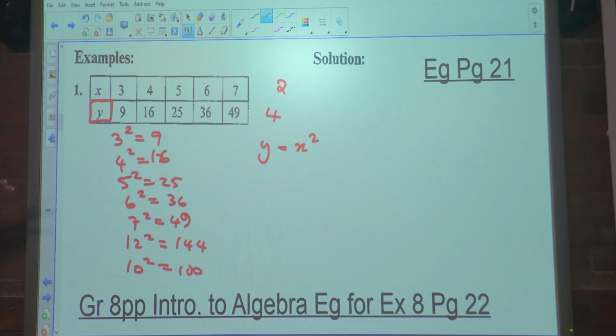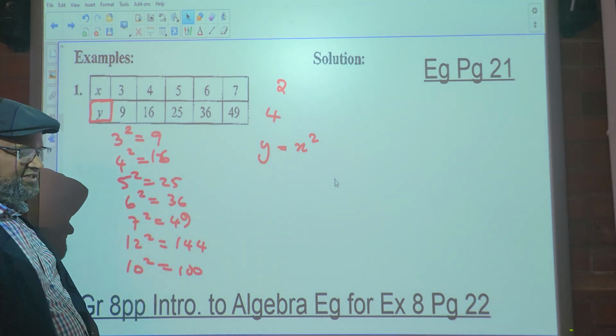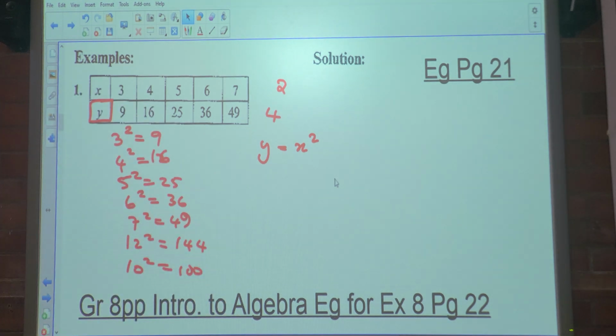Okay. So x is your independent, whilst y is your dependent. Did I mix it up earlier? Did I say this is your dependent? No. Dependent is dependent on your x. So that's what we call the formula. So any confusion there? No.